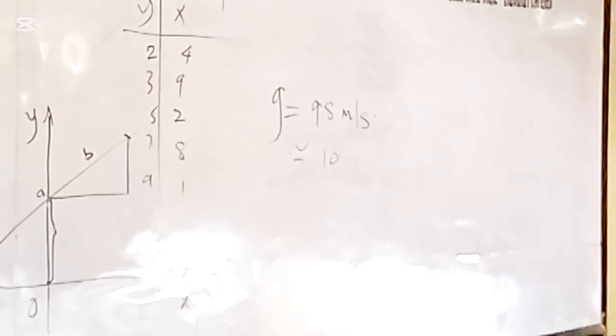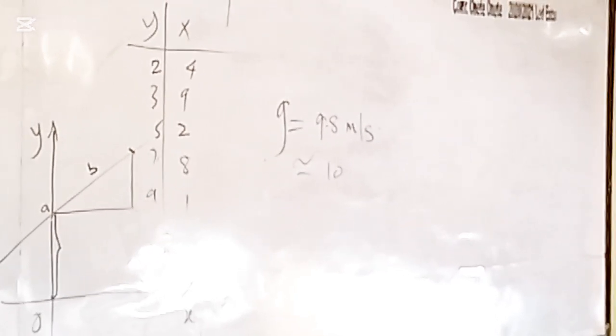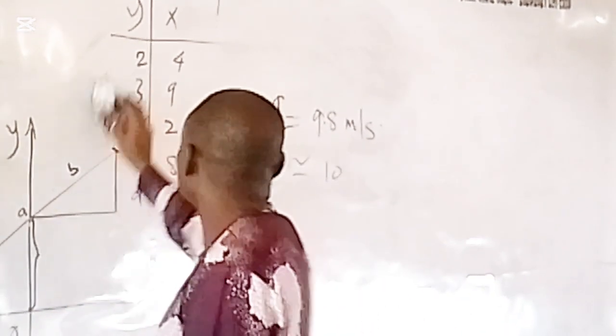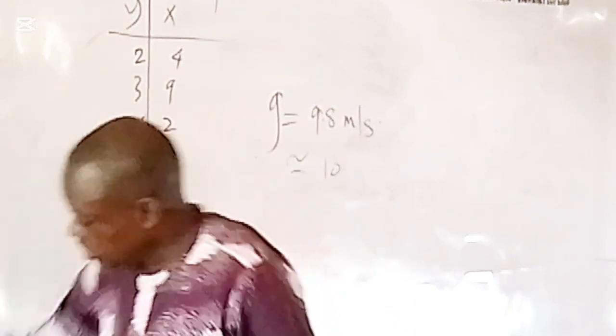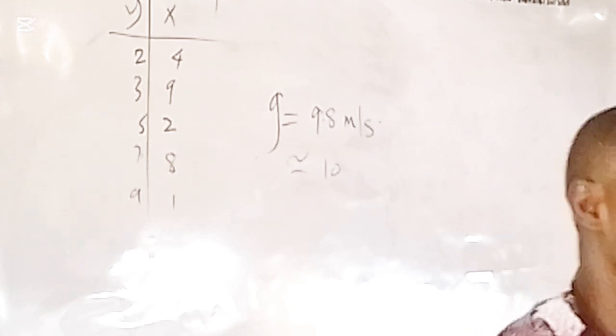We have to plot the values of y against x. We are going to get a graph. That graph we have obtained is what is called a scatter plot.